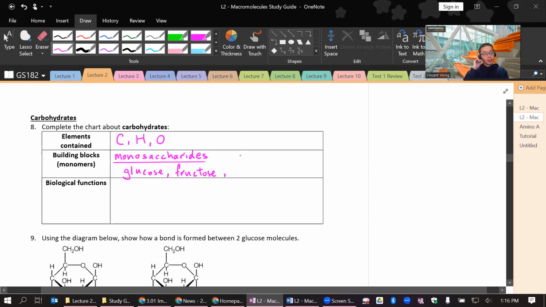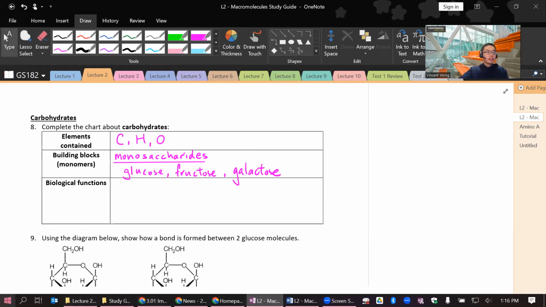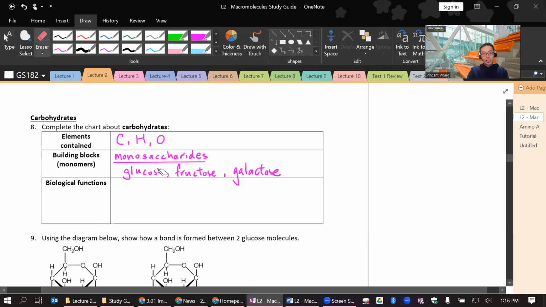I just didn't hear that. Sucrose is a combined one. So not quite sucrose, but yes, galactose. Galactose, that's right. Okay. So these are the different monosaccharides, single sugar.